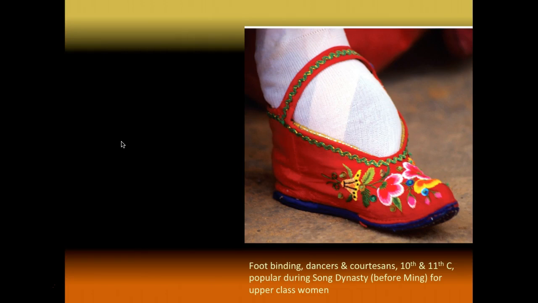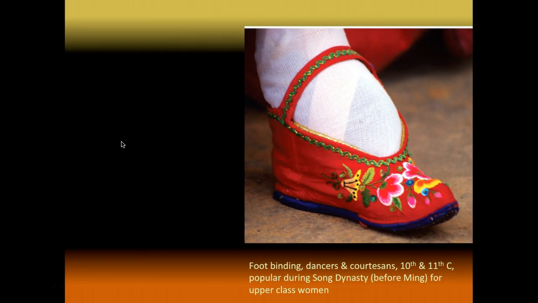And unfortunately for women, this meant extraordinary pain because the foot was broken and the toes twisted inside. I'll show you an image of what it looks like when it's not bound. And a man would never see a woman's foot unbound. This picture here and the beautiful little silk foot is all that a man would see.